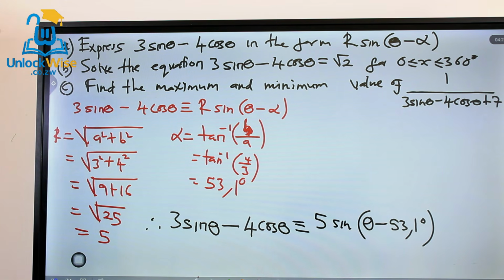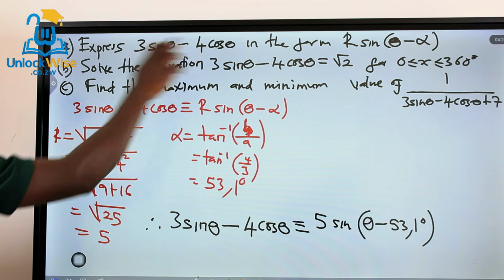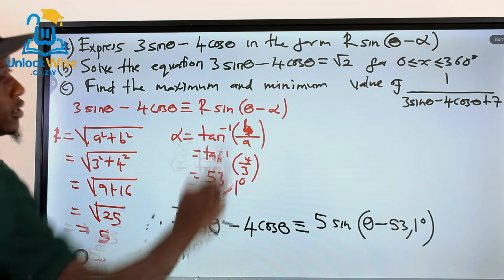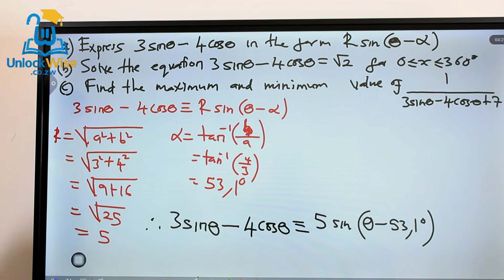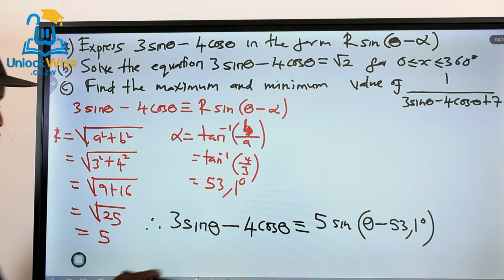Now, without removing this part, I just want to remove this part so that I'll be able to work out the second part. The second part is saying solve the equation 3 sine theta minus 4 cos theta is equal to root 2.